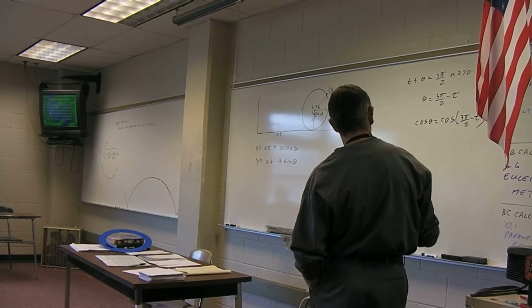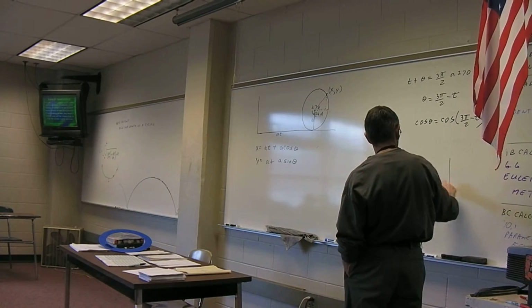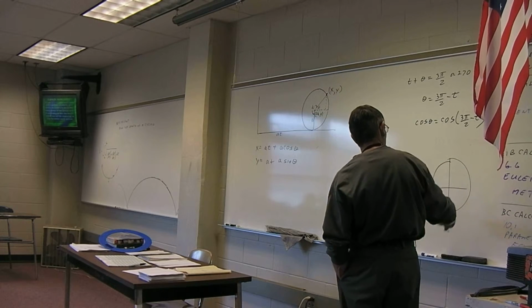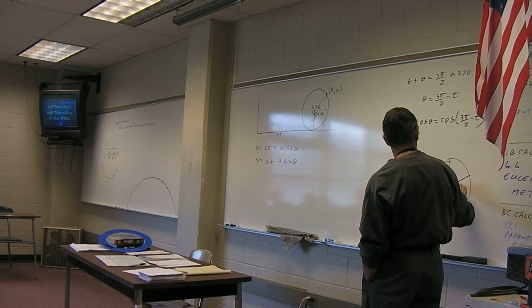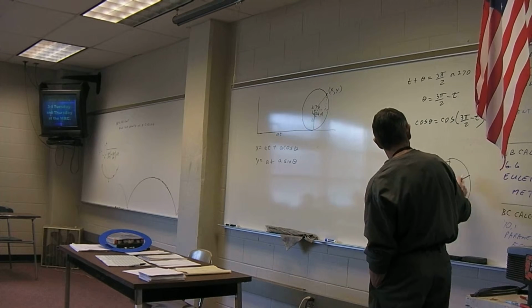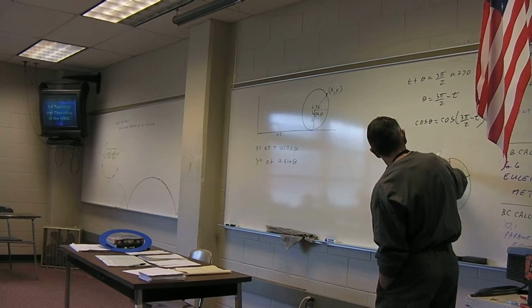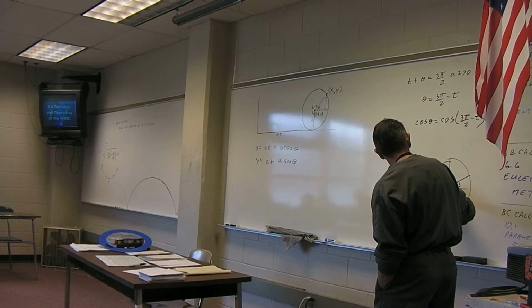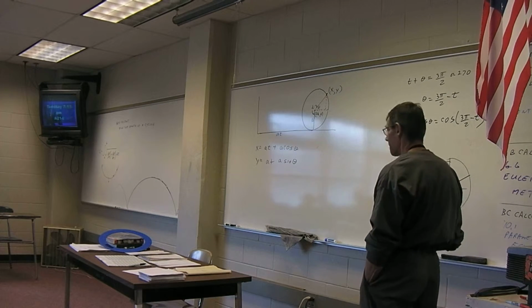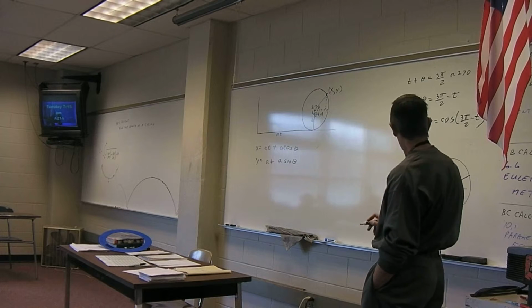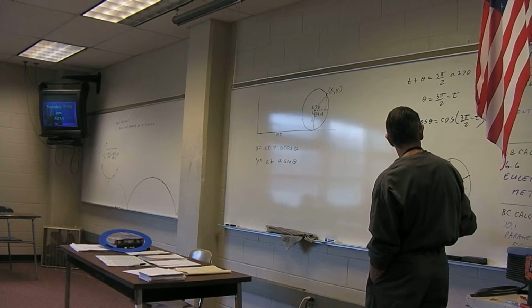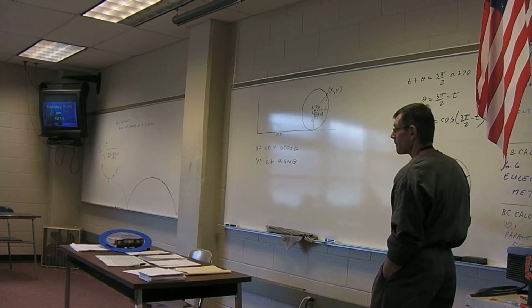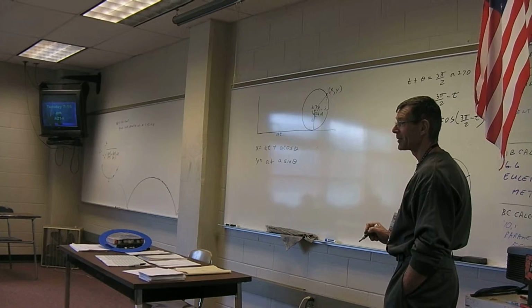Okay, look at that. If I was to use the unit circle, and let's say this is angle t, 3 pi over 2 minus t would be this angle. Just for argument's sake, if this was 30 degrees, what would this angle be? 60 degrees.